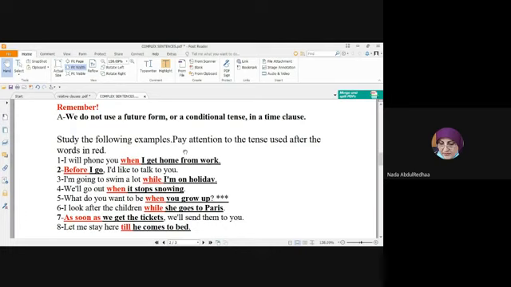Now, the second clause, which is the time clause, starts with the word when. This cannot be in the future form or a conditional, because it has a conjunction word, which is when.